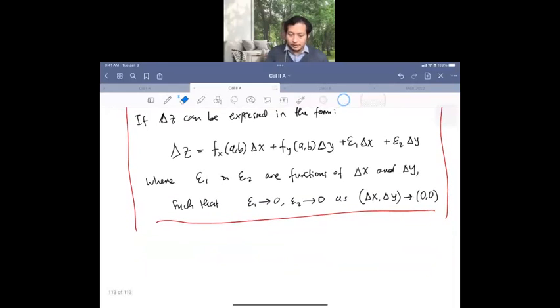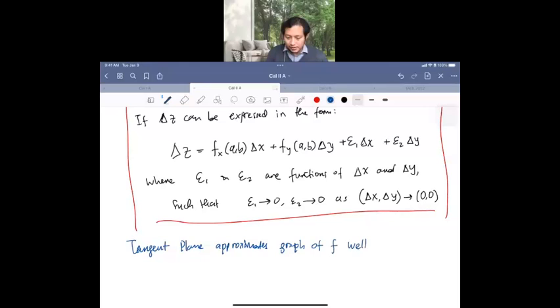In other words, this expression says that the tangent plane approximates the graph of f well near the point of tangency, the point that we are evaluating.